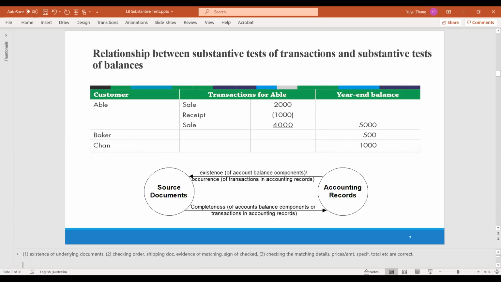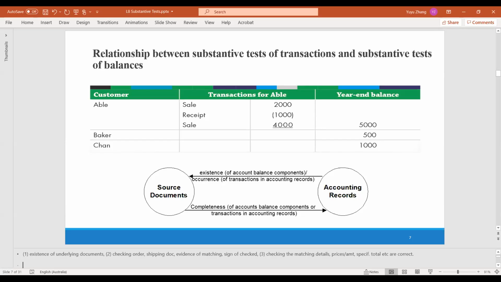So in this sample test, we have three purposes. By doing this small sample test, are we serving both targets of test of control and test of transactions? First, we want to check that for all the recorded sales, the underlying documents actually exist.